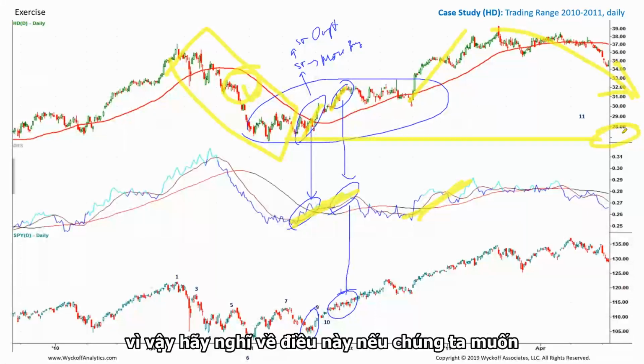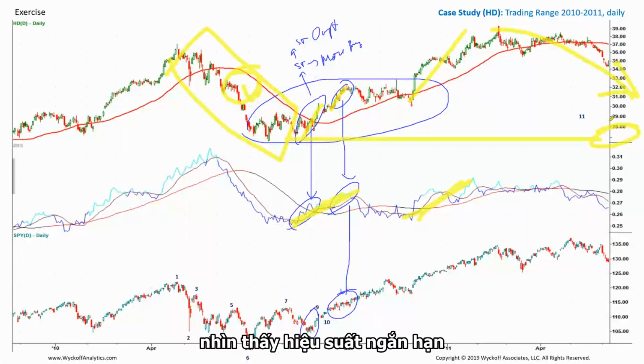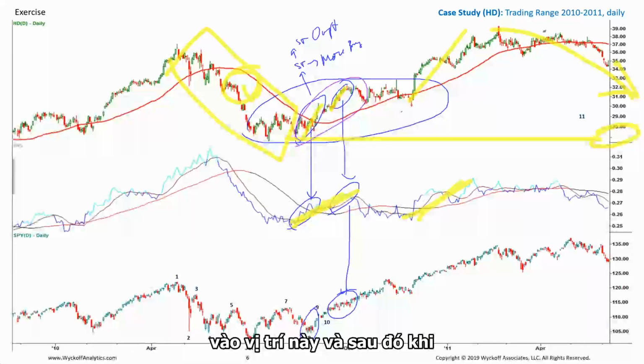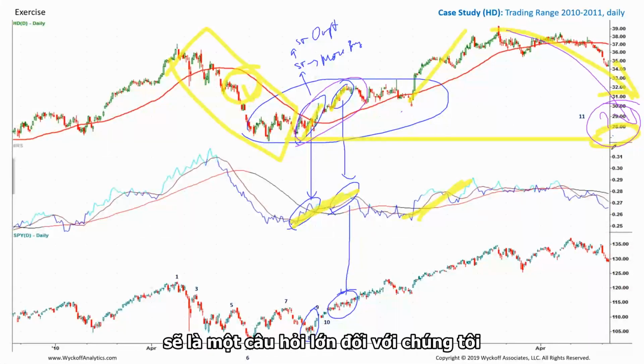So think about this. If we were seeing short-term outperformance and mistaking this for a long-term outperformance, we could come into this position, and then when the price comes back into this area, that would be a big question for us. Because the price is already at this level, there is a lot of inefficiency over us going to 39 and then dropping and then holding on to the stock.